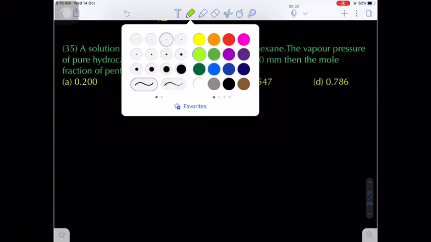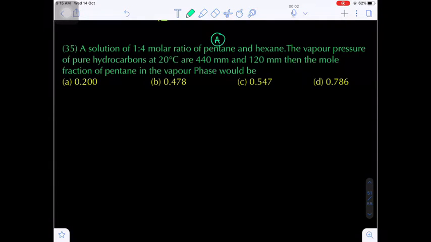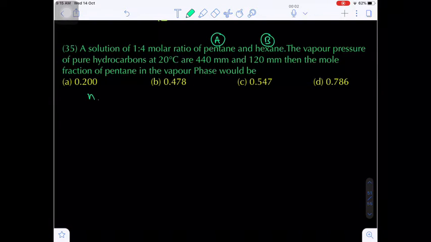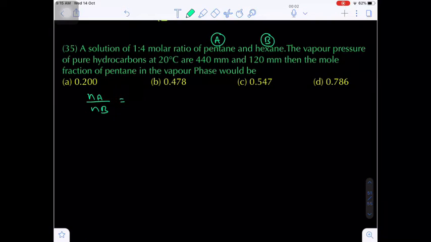Okay. Now the next question, question number 35. A solution of 1:4 molar ratio of pentane to hexane. Let's suppose pentane is component A and hexane is component B. The molar ratio of pentane to hexane is 1:4.